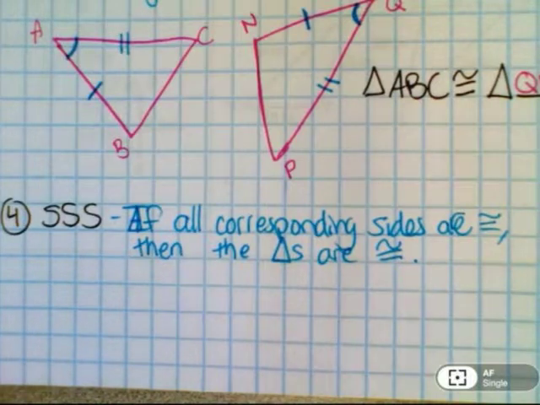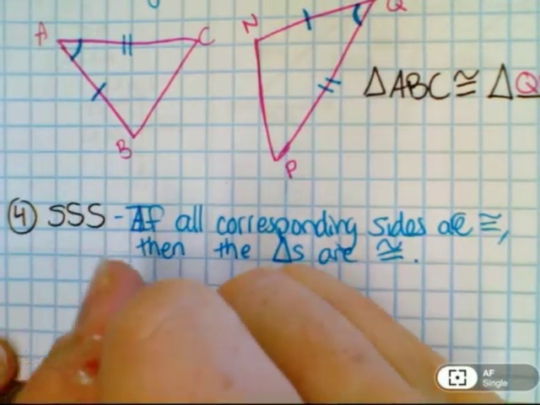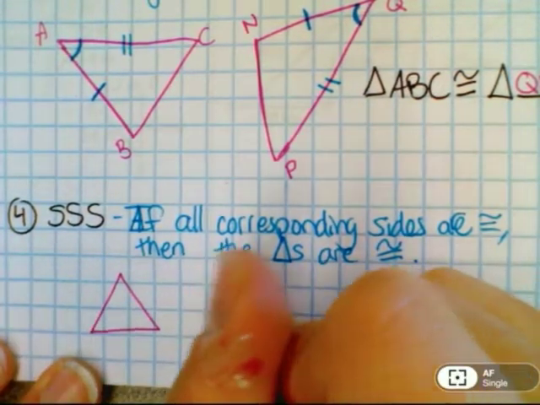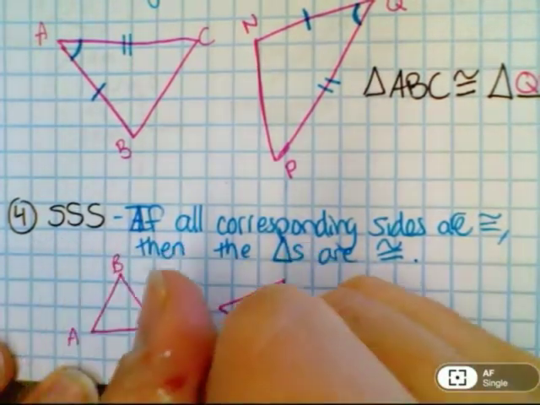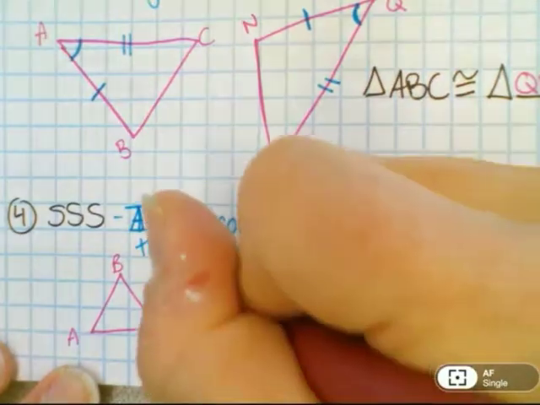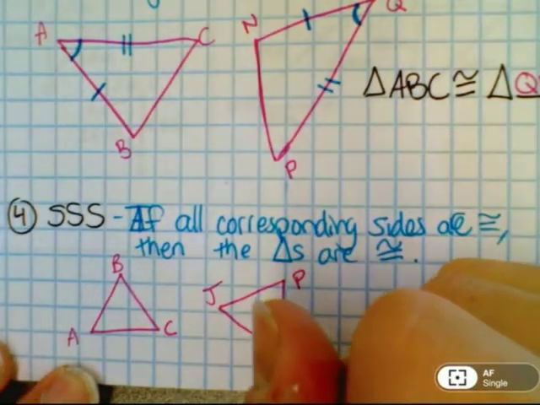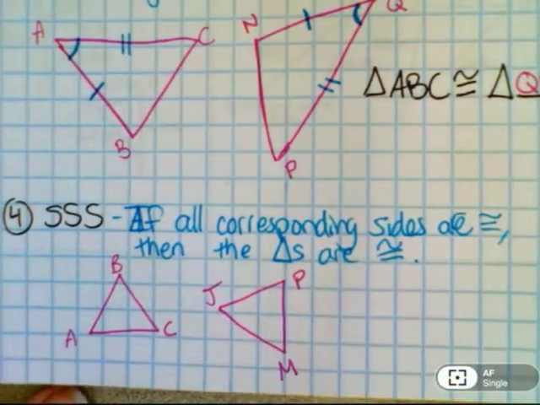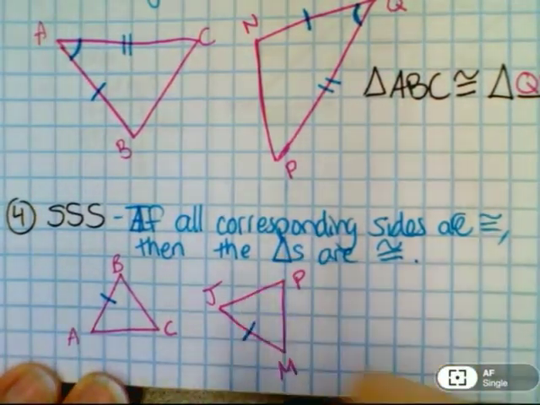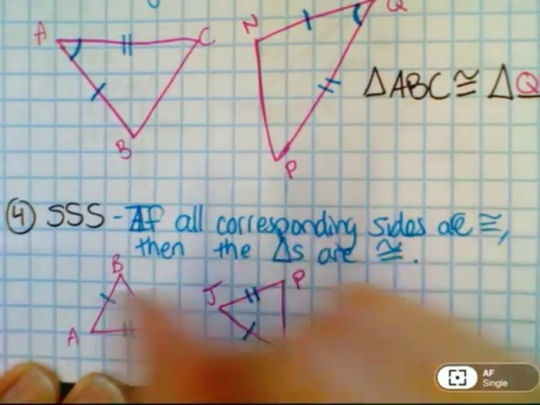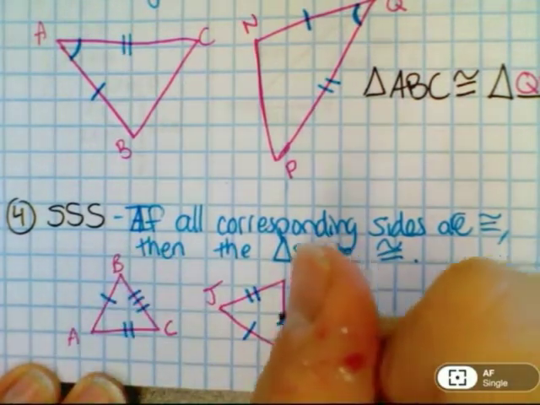I will show you. Let's draw some triangles. These are going to have to be smaller because I'm out of space. A, B, C, and we'll go with J, P, M. And I'm going to say we've got 1 tick mark, 1 tick mark, 2 tick marks, 2 tick marks, 3, and 3.